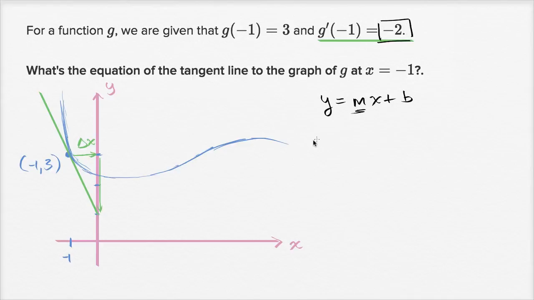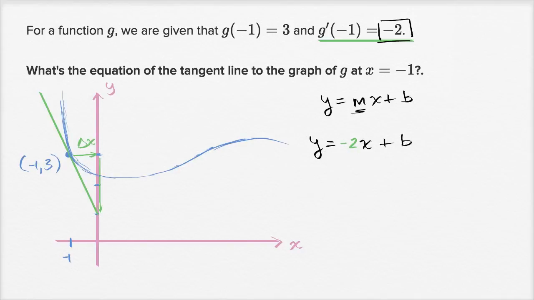Well, we already know what the slope of this line is. It is -2. So we could say y is equal to -2 times x plus b. And then to solve for b, we know that the point (-1, 3) is on this line. This goes back to some of your Algebra 1 that you might have learned a few years ago. So let's substitute -1 and 3 for x and y.